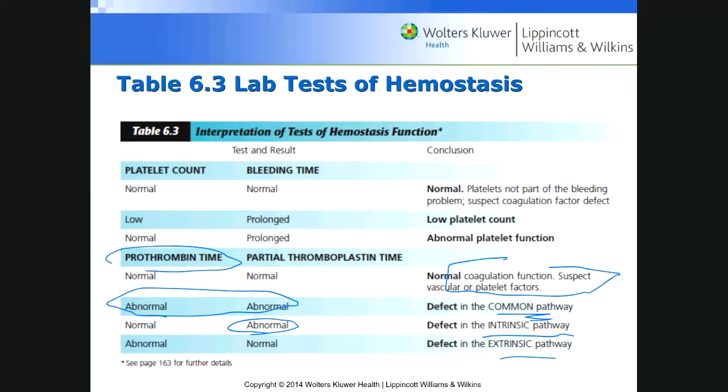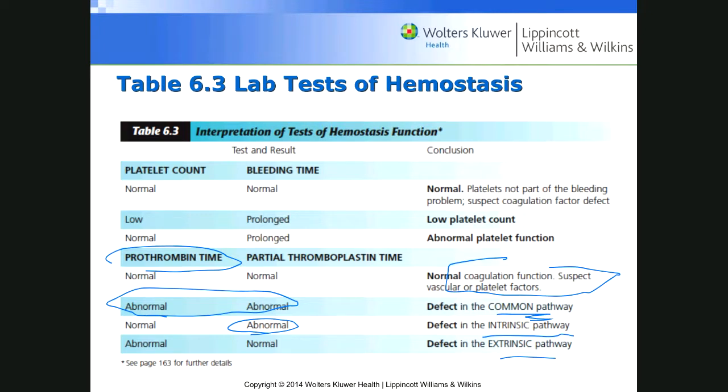Anyone have a question? Shamika, I have a question. You said if they both are normal, then it has to be something wrong with factor 10 downward?